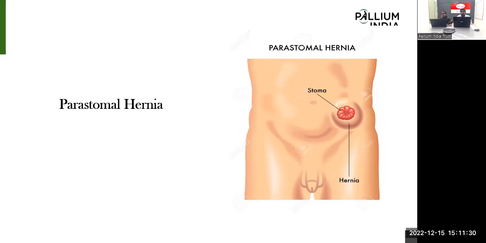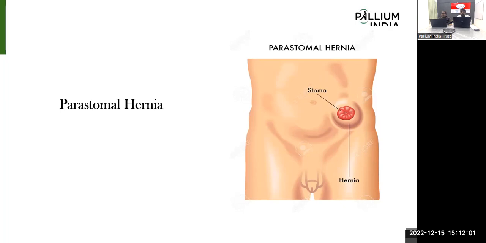In some cases, the colon part of our large intestine may stick around the stomal area inside the abdominal wall. Since the muscle layer of the abdomen is very weak, the pushing effect of the colon inside the abdominal wall around the stomal area may cause herniation around the stomal area.